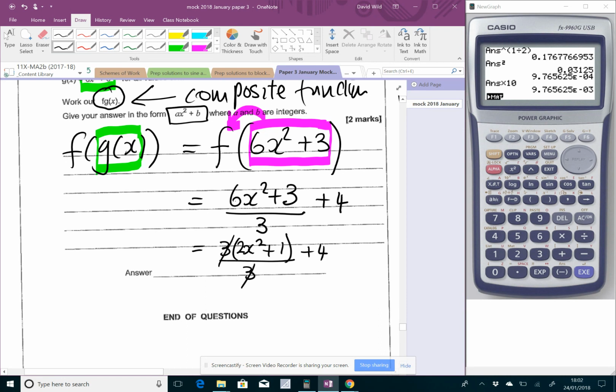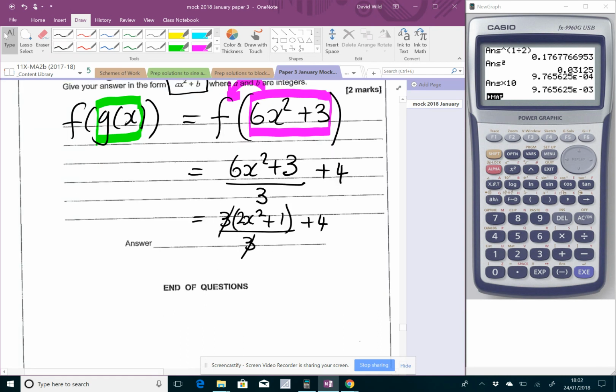And then the 3 will cancel. Do not want to see you cancelling like this. You cannot cancel when there's a plus in between here. Only when there's multiplication. So that's why I can cancel here. This is fine, because this is 3 times this bracket. And there's a 3 here, so I can cancel those fine. I am not allowed to cancel either.